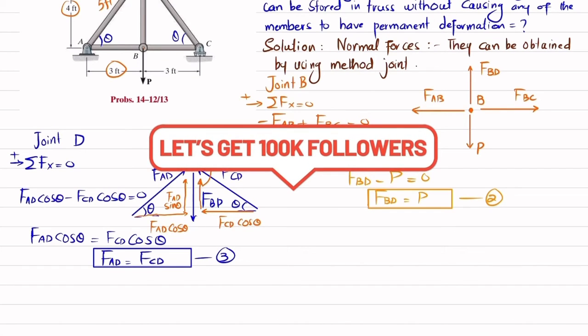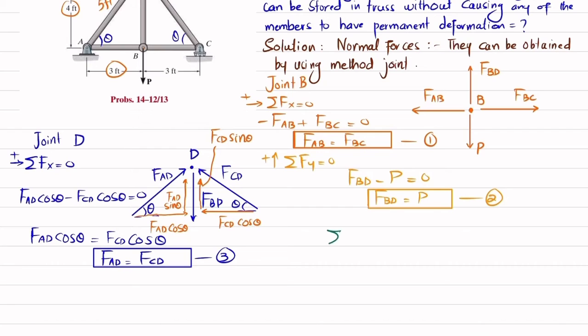Now applying another equation of equilibrium, the sum of all forces along the y direction must be equal to 0, and upward force is taken as positive. So you can see two forces are acting upward and one force is acting downward, which is FBD. Their sum must be equal to 0. So minus FBD plus FAD sin theta plus FCD sin theta is equal to 0.